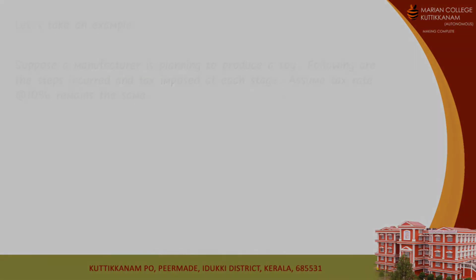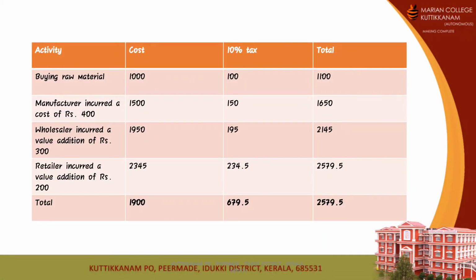When the manufacturer buys the raw material for production, the actual cost of the raw material is rupees 1000 and 10% tax, that is 100 rupees. So the tax is added to the cost of the product and it totally comes to 1100. The manufacturer incurs an expense of 1100 rupees to buy raw materials.